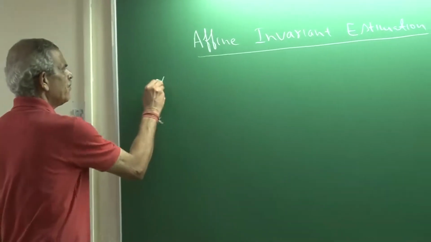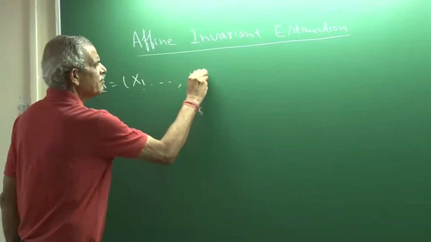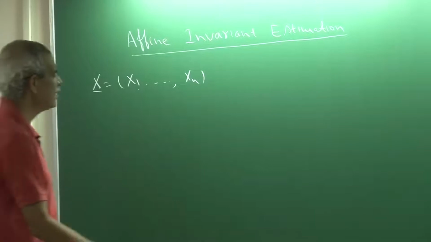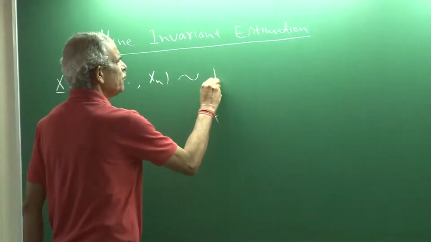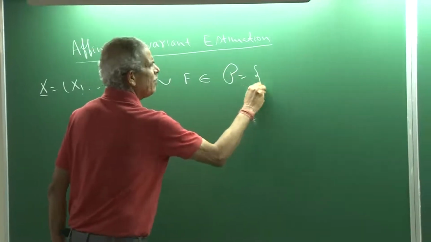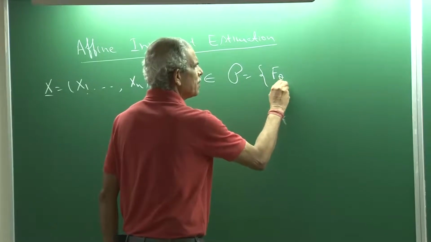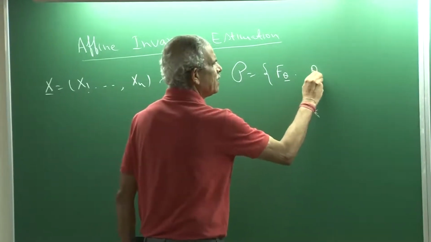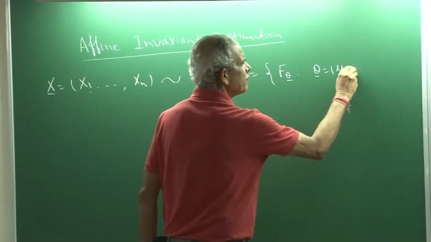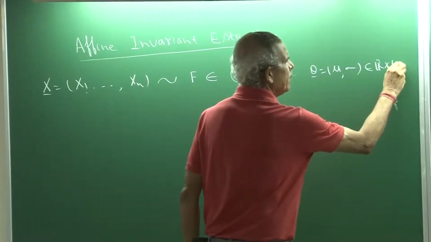Suppose you have a sample or data x1, x2, ..., xn, which is jointly distributed and coming from a distribution function F, which belongs to the parametric family of distribution functions F theta, characterized by two parameters, mu and sigma. Mu belongs to the whole of R, sigma belongs to 0 to infinity.